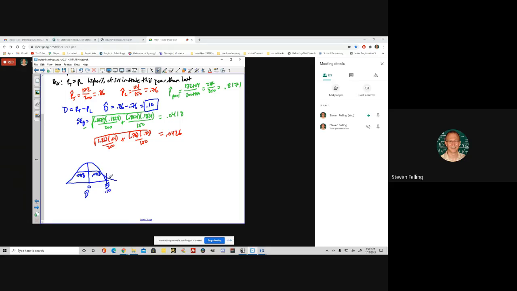And then I will use that to calculate the p-value. Now I shade to the right because my alternative hypothesis is greater than. So my p-value is going to be normal CDF from the lower boundary 0.10 to the upper boundary of positive infinity, if we assume a difference of 0 and a variation of differences of 0.0418, labeled lower, upper, mean, standard deviation every time.